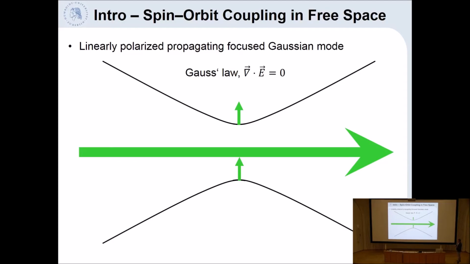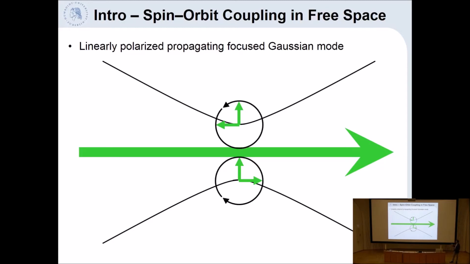And that means that if I have a significant field gradient here, then I also get a significant longitudinal component which changes sign on both sides of the beam axis. And again, there is a 90-degree phase shift, meaning that I get elliptical polarization above and below the beam axis, and a transverse spin of light that points out of the board above the beam axis and into the board below the beam axis.